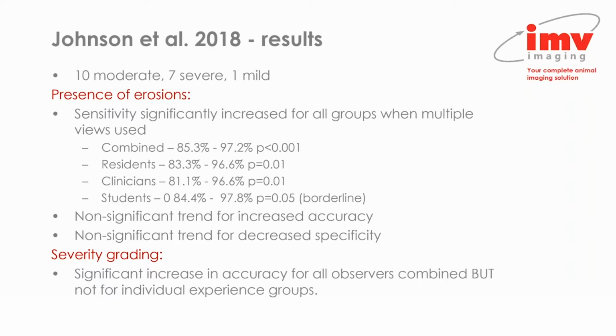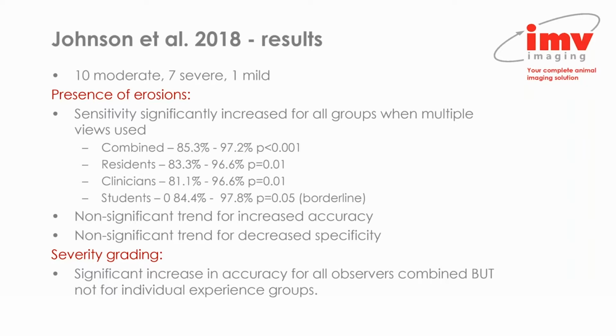For the presence of erosions, the sensitivity for identification of them significantly increased for all of the 4 groups when the 2 views were used versus only the 1 standard view. There were trends for increased accuracy but decreased specificity with multiple or 2 views. However, both of these were non-significant.